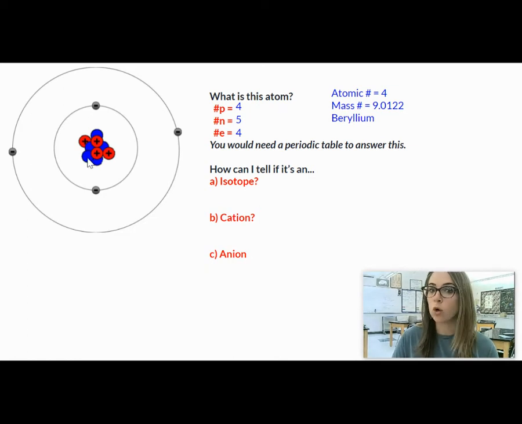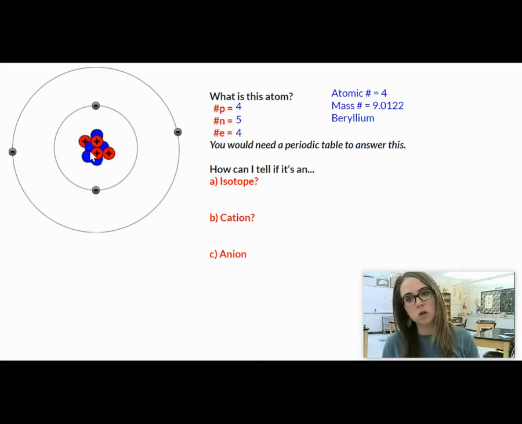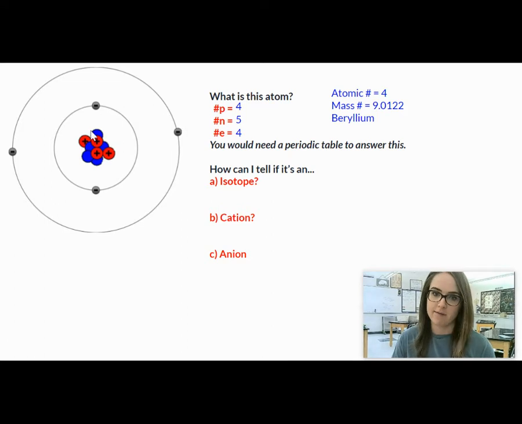If there were 4 neutrons and I had a periodic table, I could actually say, yes, this is beryllium, but it must be an isotope, because then I would have 8 in here, and that is not equal to the mass number.